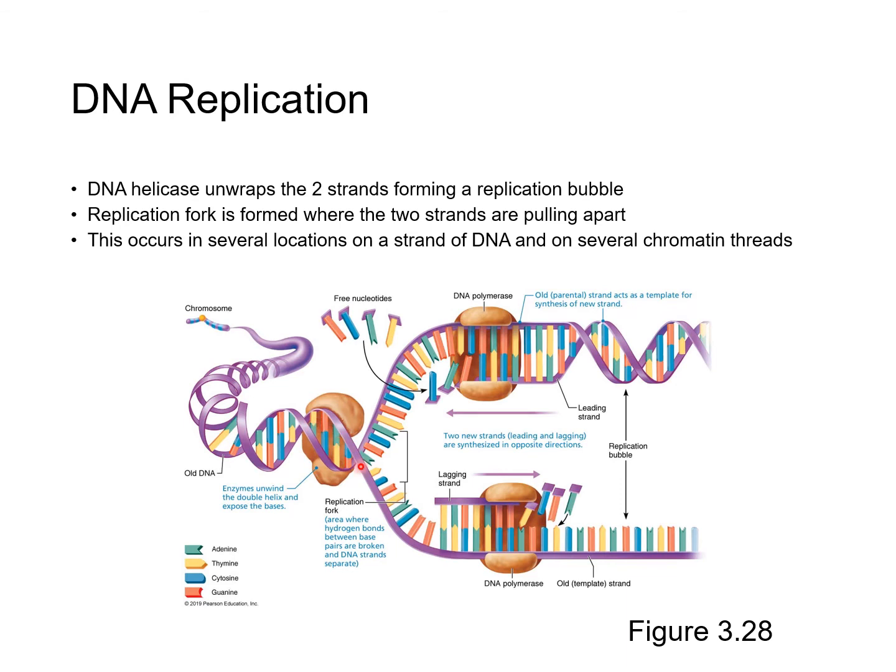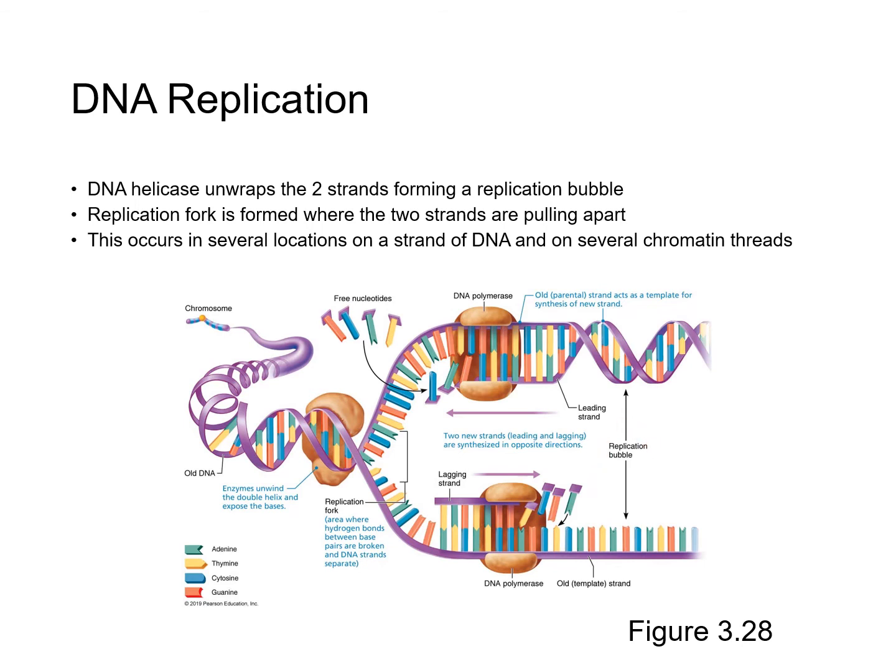So this helicase breaks the hydrogen bonds and pulls the strands away from one another. And where they're being pulled apart, that forms a replication fork as shown here. As the strands are pulled apart, you get a sort of a bubble in the strand of chromatin.